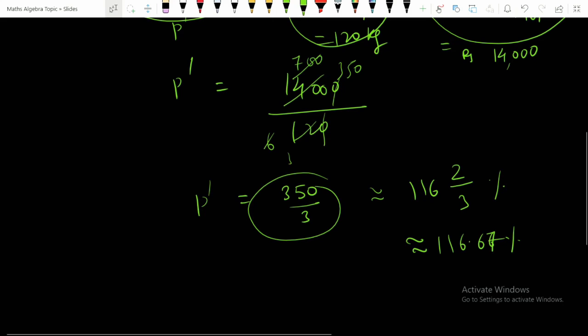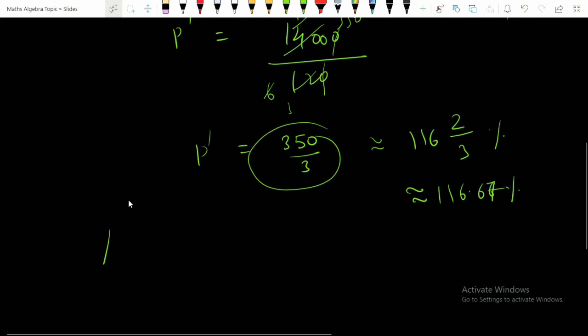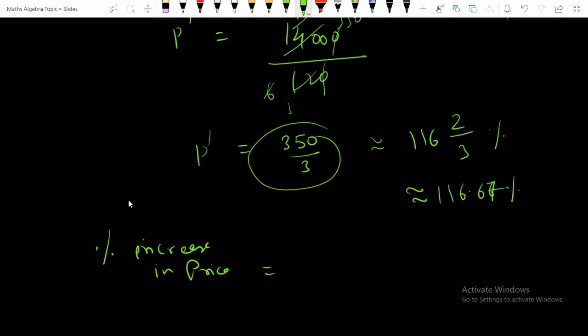So what is the percentage increase in price? We just put one decimal from the rightmost part to get 2 digits, at the tens place from here.